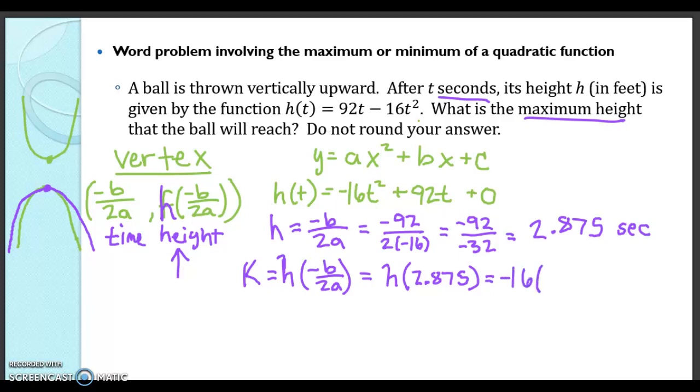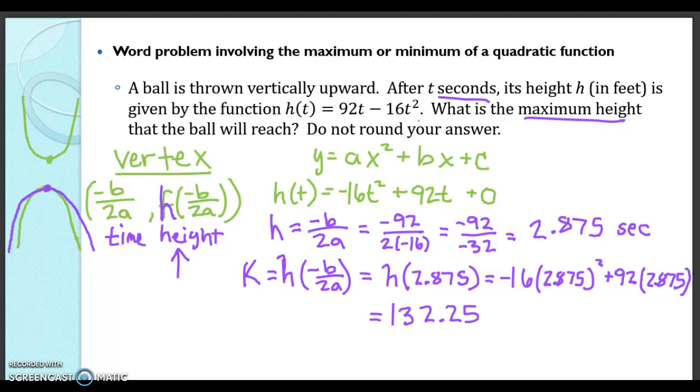Negative 16 times 2.875 squared plus 92 times 2.875, and then we add 0. Now what we're going to end up getting once we plug all that in is 132.25.